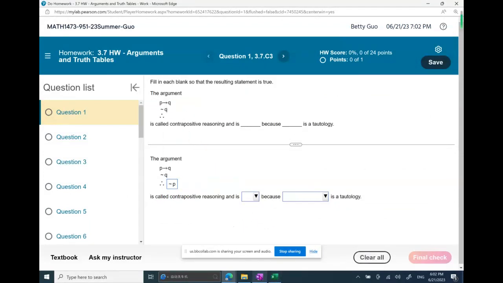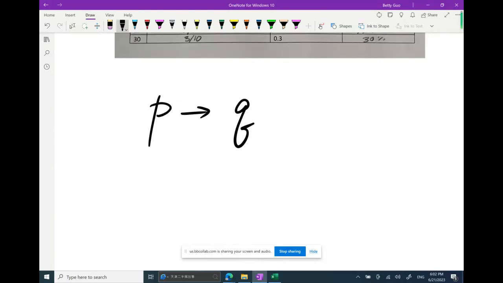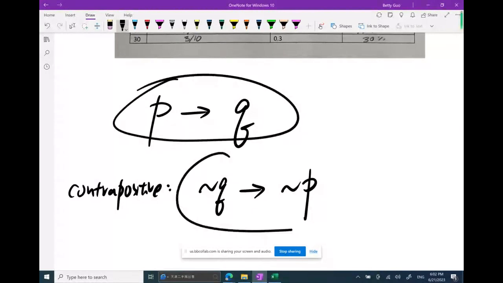All right, let me get the notes. If we have a conditional statement with antecedent P and consequent Q, its contrapositive is also a conditional statement with antecedent not Q and consequent not P. Those two statements are contrapositive of each other.